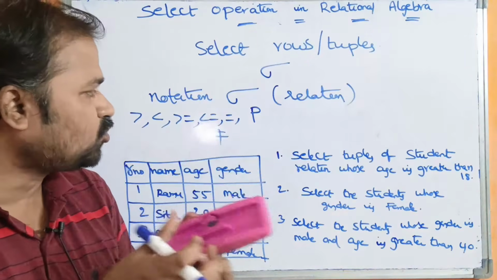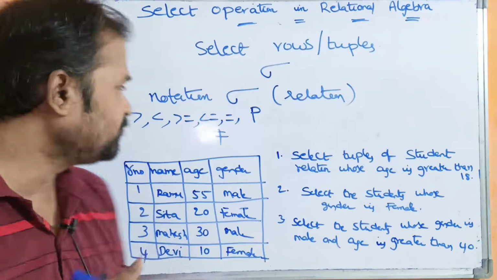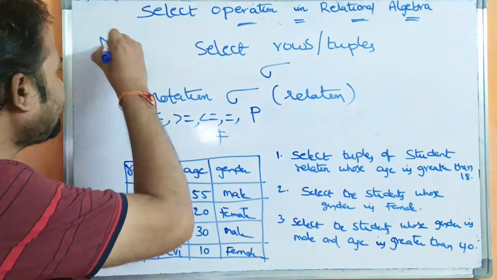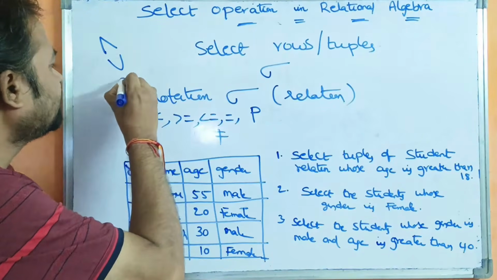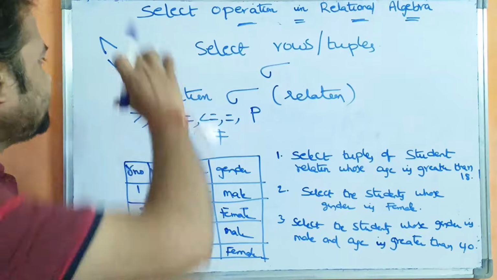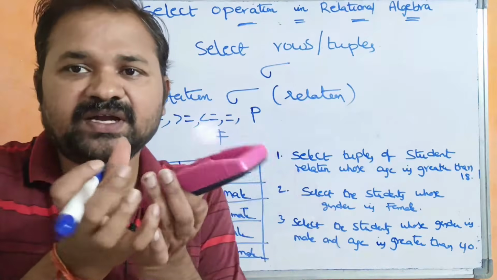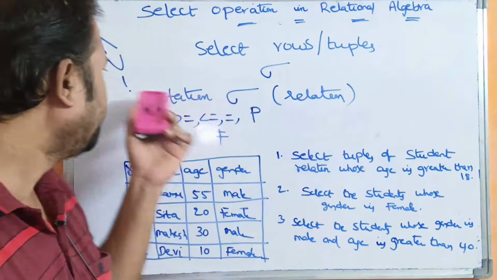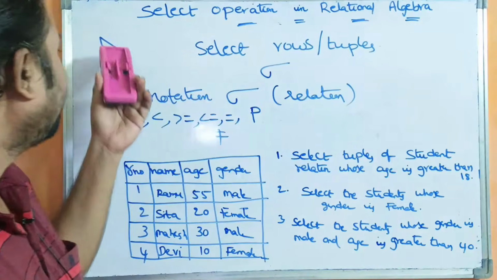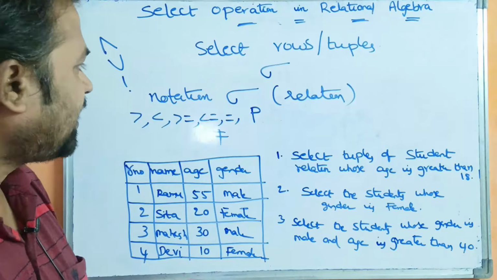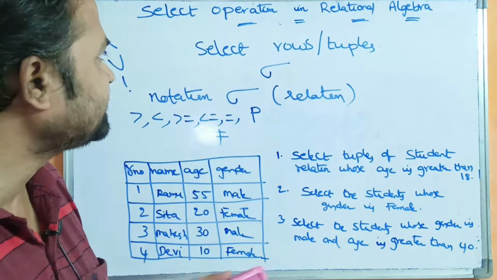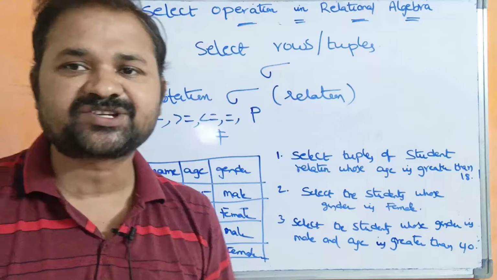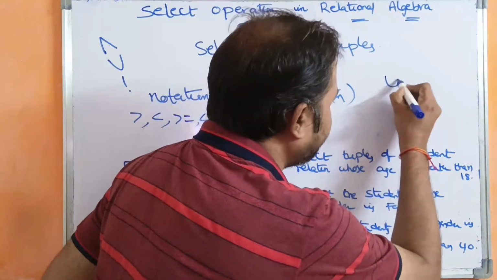So we use these 6 relational operators. And in order to combine the predicates, we use symbols such as and, or, and not. So these 3 are mainly useful for connecting the conditions. We can join 2 conditions by using these connectives.